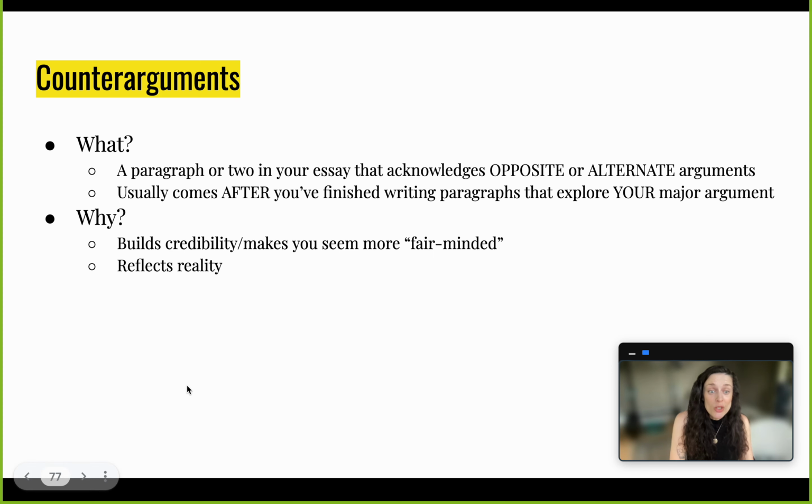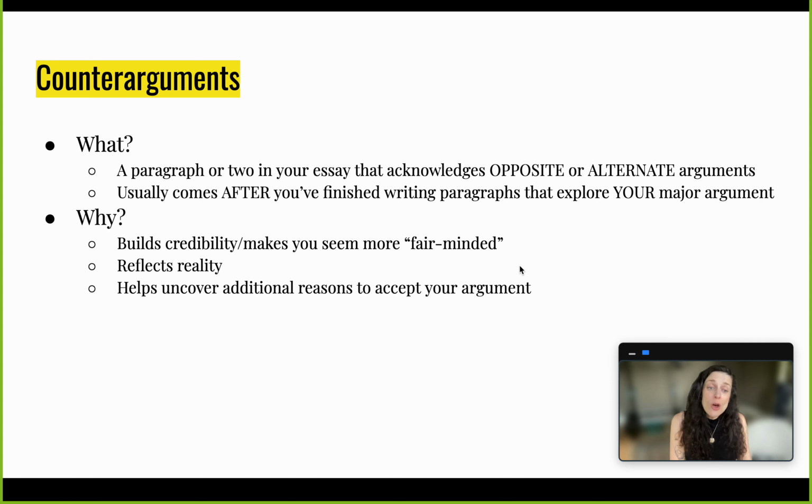So it shows what's really happening in the world, which is that there's not just one easy way to conceive of something. And it also helps you realize, okay, this might be a counterargument, but how can I think of a way to respond to it that might be an additional reason to make the readers accept what you're trying to say?